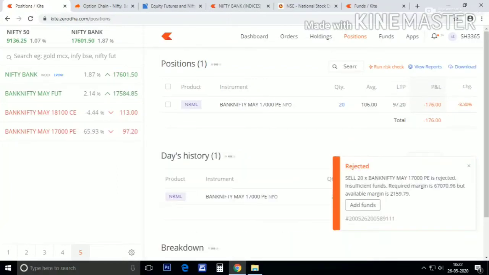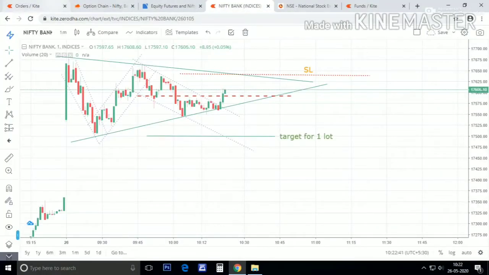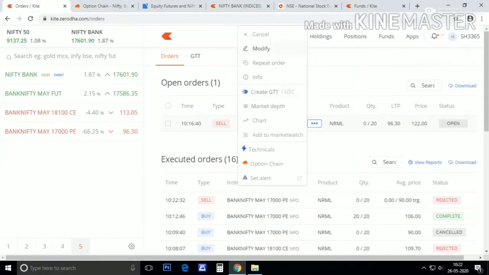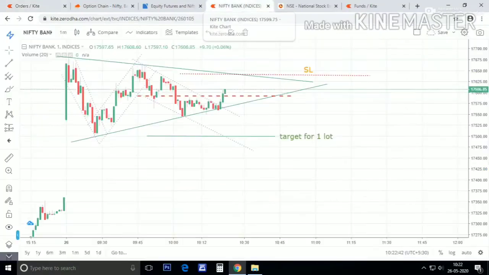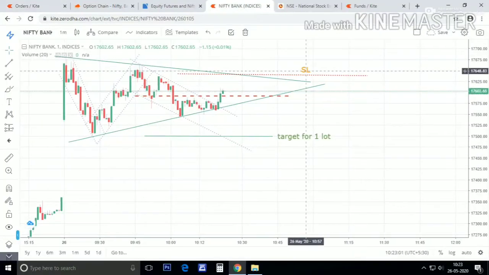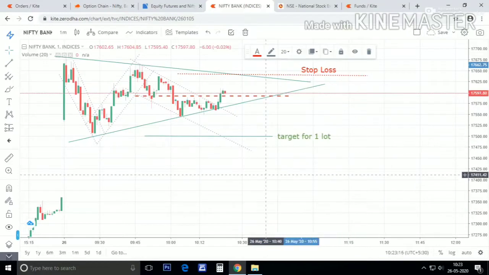Right now, you can clearly see I can't make a stop loss order in it, because I already have a target order. So I will prepare for that. You can clearly see the resistance has been broken, so I'm ready for the stop loss. If it gets hit, I will click on it.